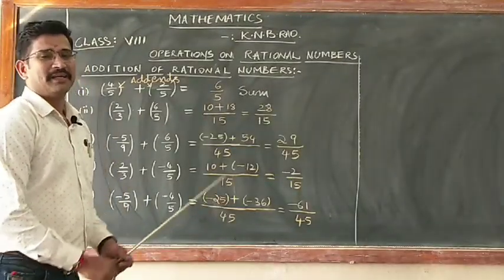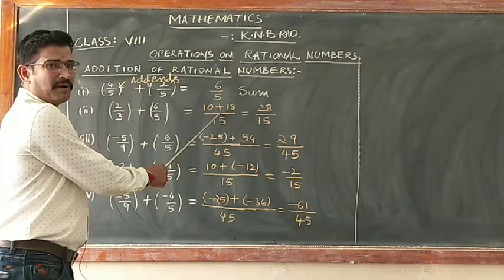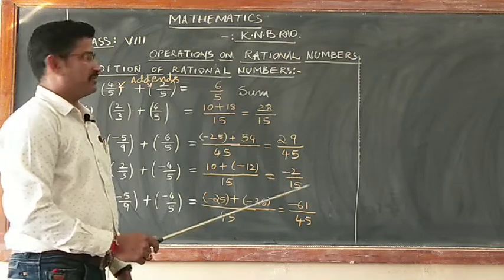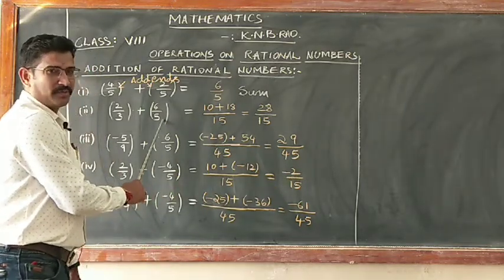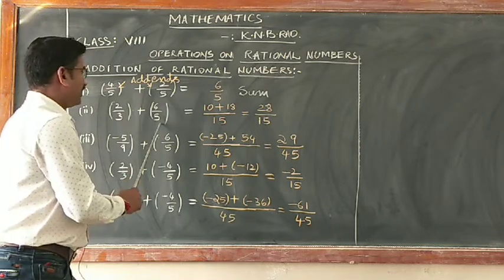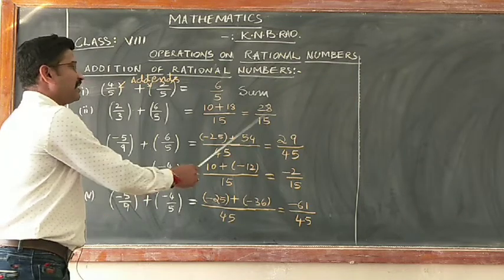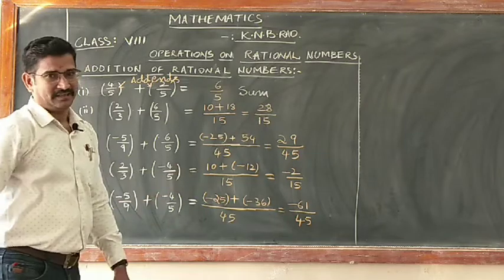Students, we will now recollect the sum of those examples which we did in the last session. The sum of both positive rational numbers with a different denominator: I gave you 2/3 plus 6/5, and their sum is 28/15.